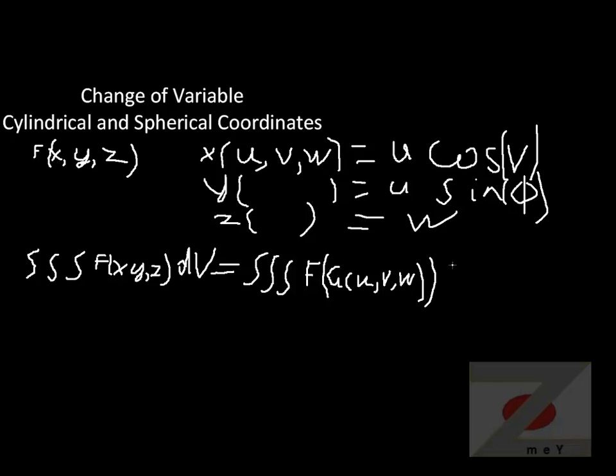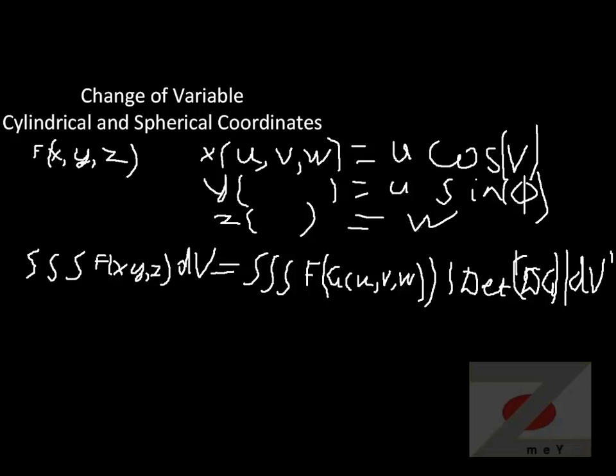Times a determinant, absolute value as well, of dg. I'll just write it like that: determinant of dg. And once again I'll write dV prime, and this basically means du dv dw.